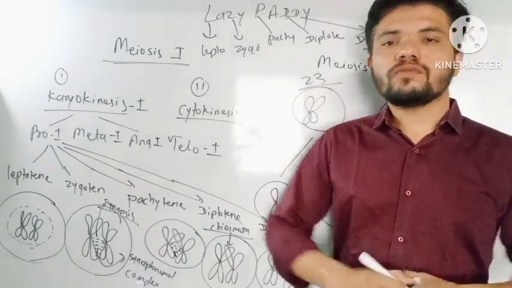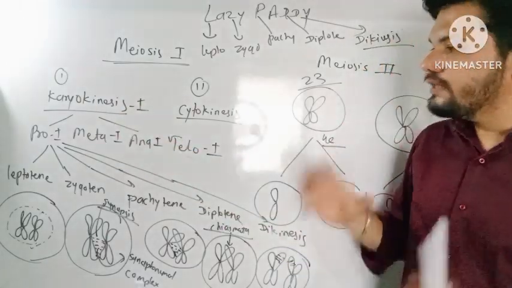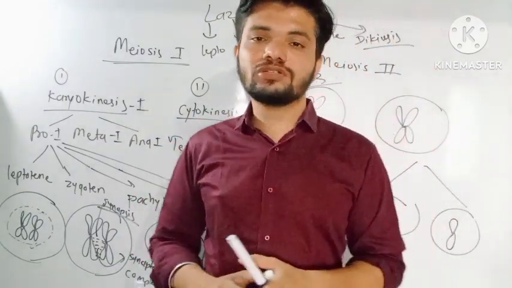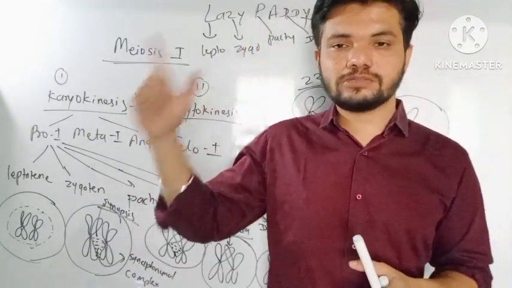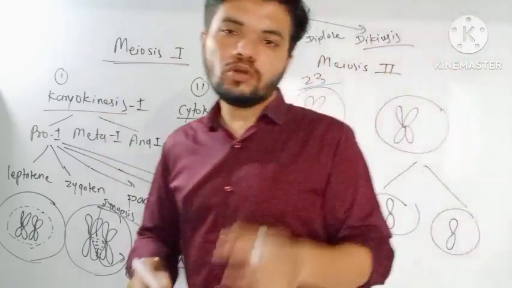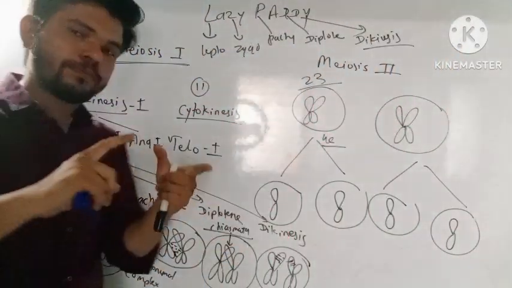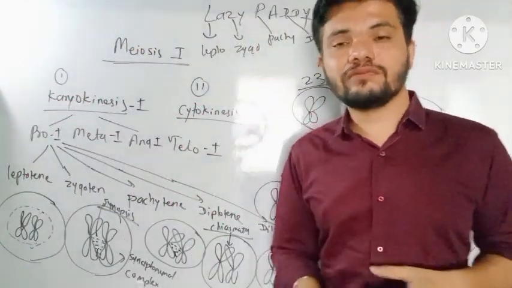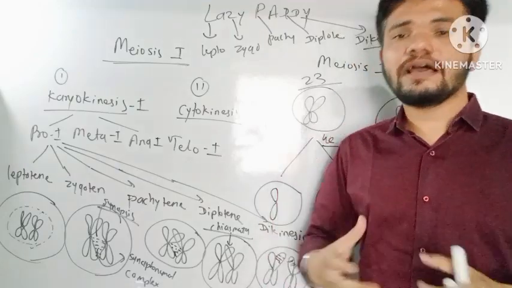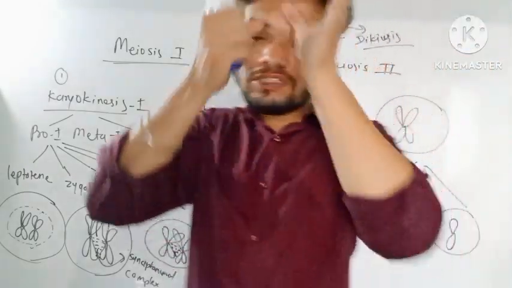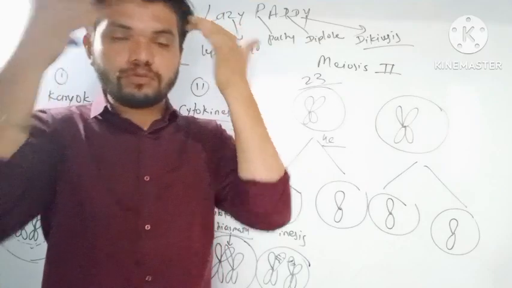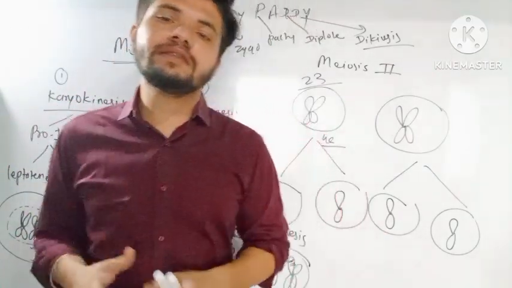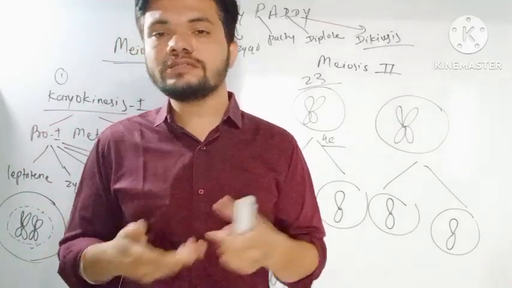So what is different from mitosis? In mitosis, only condensation of chromosomes takes place in prophase, but here the homologous chromosomes are crossing with each other and sharing their genes, forming new combinations of genes, which leads to the variations we see in organisms that reproduce sexually.